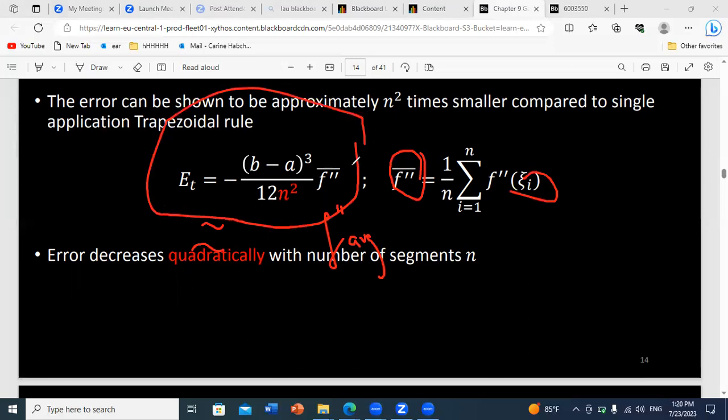First, the conclusion is that the error is proportional to the second derivative. So when we have x squared, x cubed, etc., we have an error. Another conclusion is that the error is inversely proportional to n squared, the number of segments squared. So when we double the number of segments, then we expect that the error will be divided by 4, approximately, of course.